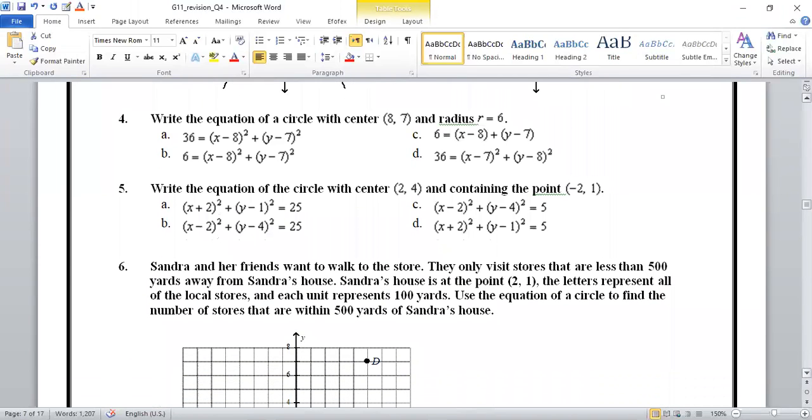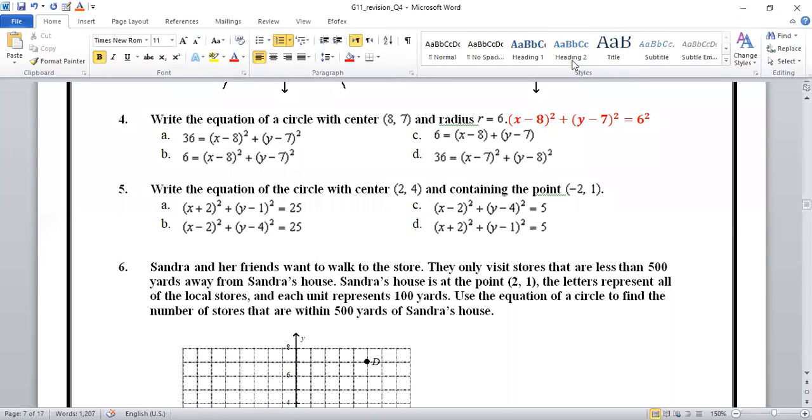Write the equation of the circle with center (8, 7) and radius r equal 6. We know that the general formula for the circle is (x minus h) squared plus (y minus k) squared equals r squared.